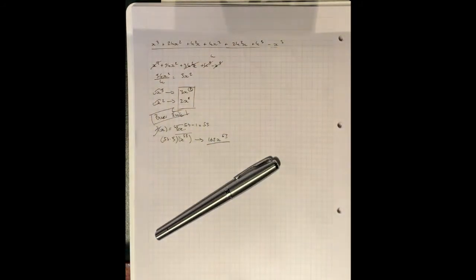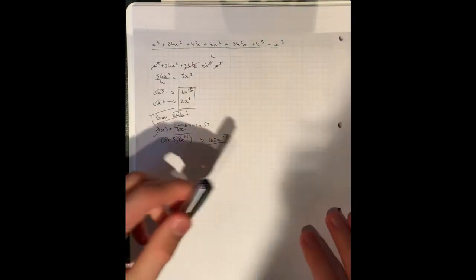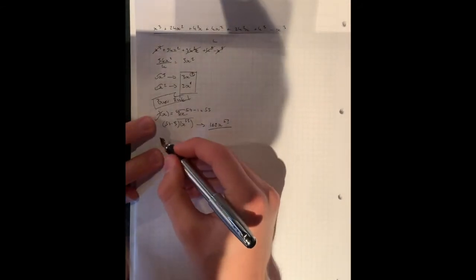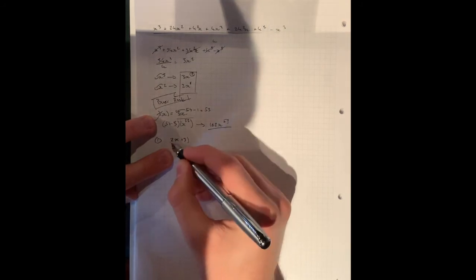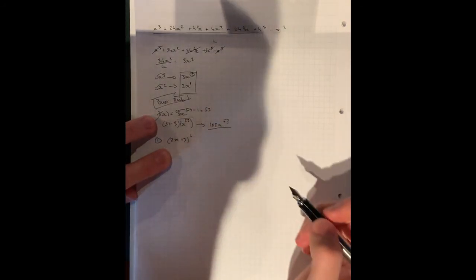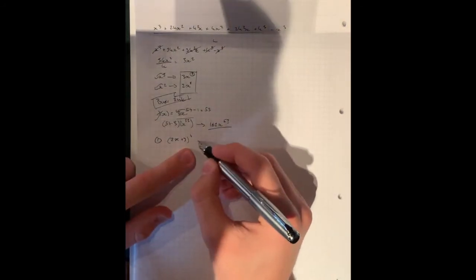Now, to leave you with something to think about: other methods of differentiation. How do we differentiate this function, for example? (2x + 3) to the 4, in brackets, of course.